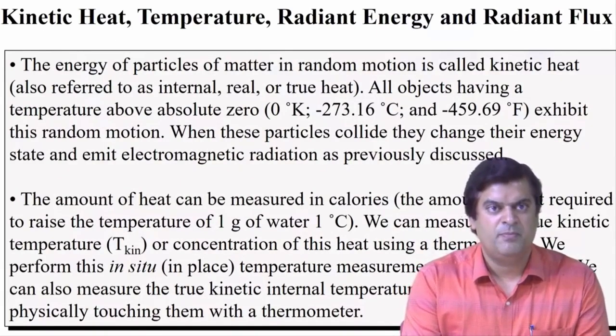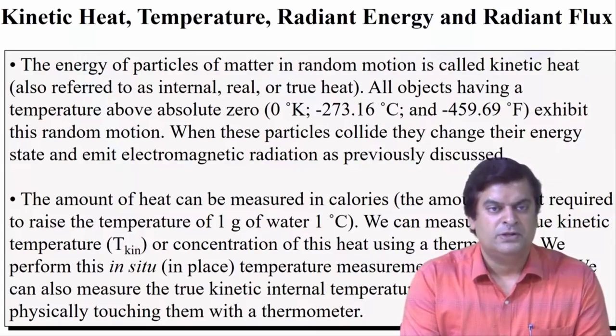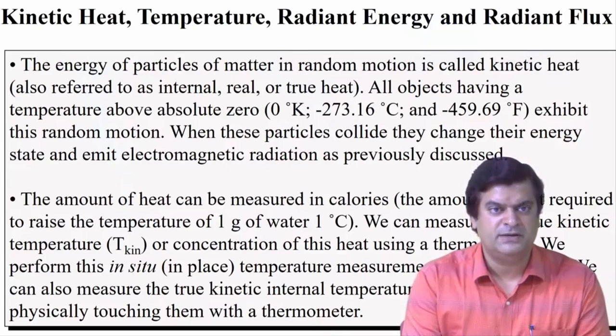Now these are some important terms which we frequently use in thermal remote sensing: kinetic heat, temperature, radiant energy, and radiant flux. The energy of particles of matter in random motion is called the kinetic heat, also referred to as the internal, real, or true heat.